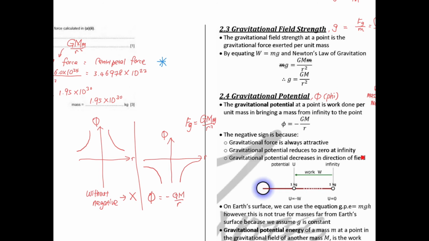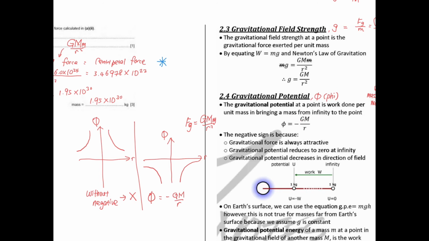So that means we need a negative, so that when you bring the object from very far away, from infinity, nearer and nearer to this object, the gravitational potential decreases. We want it to decrease. So the only way to make it decrease is when your formula has a negative.